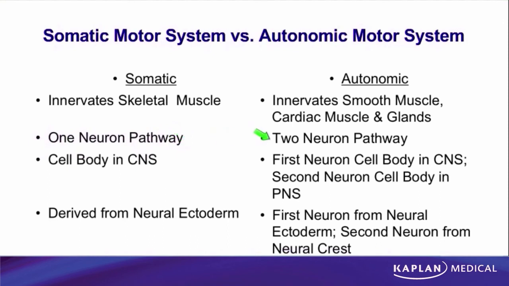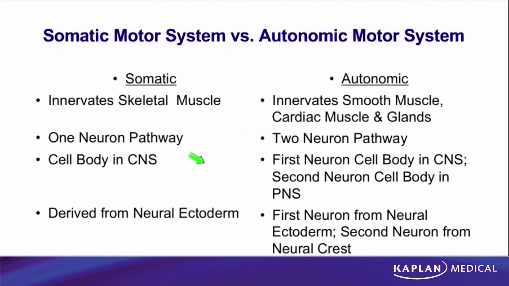In the case of the autonomic nervous system, we have a two-neuron pathway. Again, counting from the central nervous system out to the end organ, it's two neurons, where the first neuron innervates the second neuron, and then the second neuron innervates the end organ.